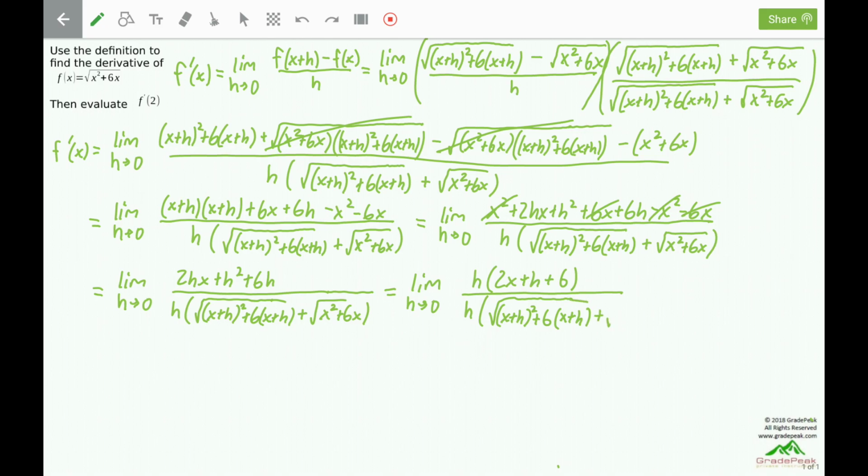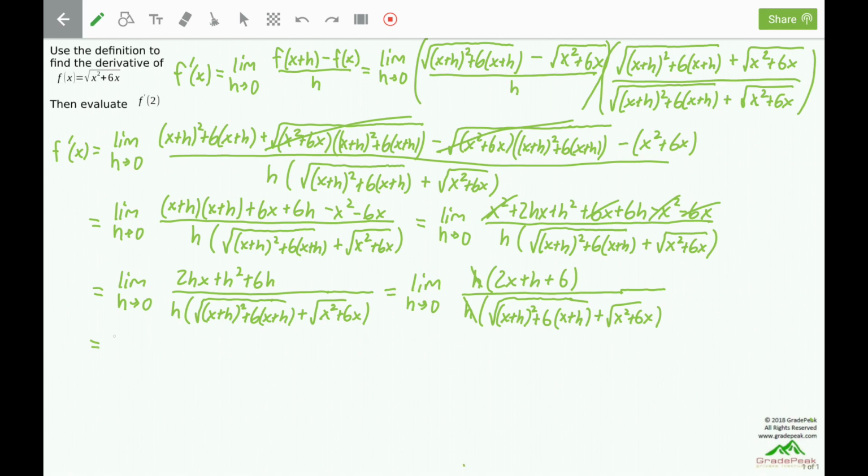And that will be our next step. And once we do that, we should no longer have a 0 over 0 indeterminate form. And we should be able to now plug a 0 in to the remaining h's.